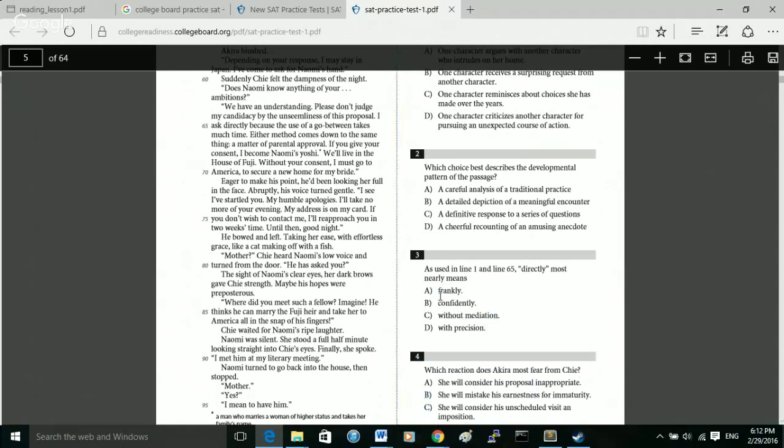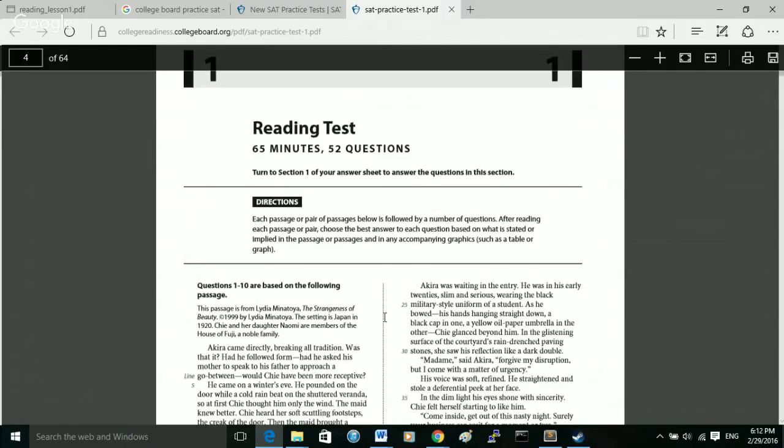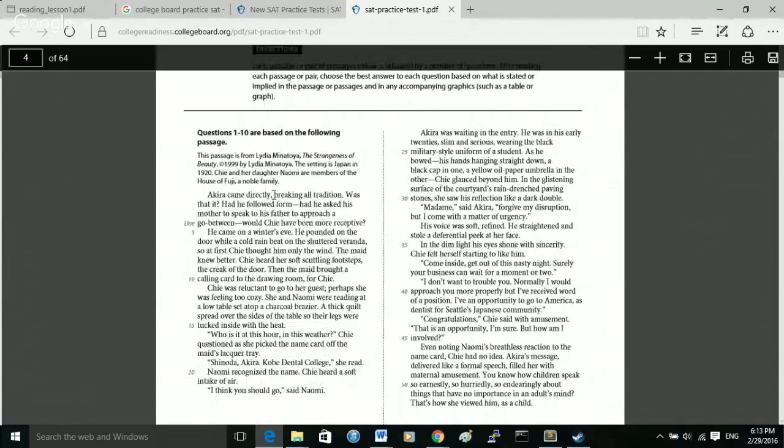So let's look at answer choice A. Does directly most nearly mean frankly? Now, frankly means truthfully. So is the author using the word directly to convey a sense of truthfulness? Let's look back at line 1. Akira came directly, breaking all tradition. Was that it? Had he followed form?